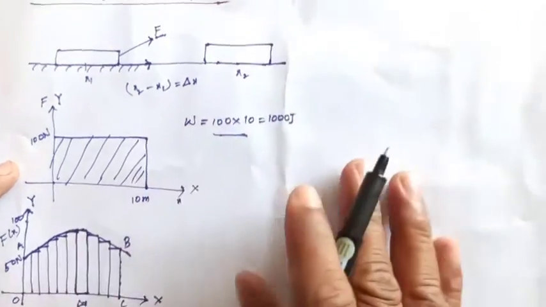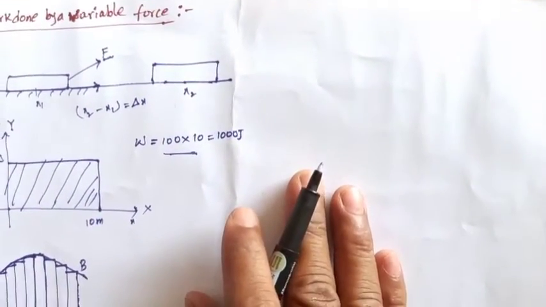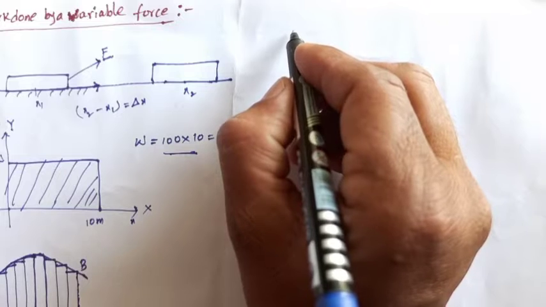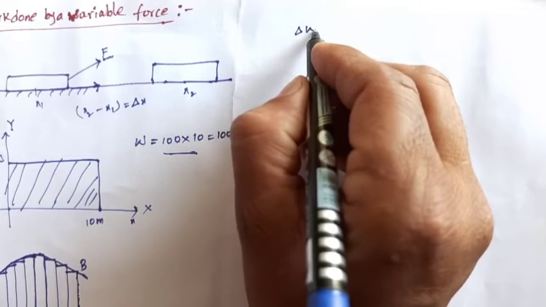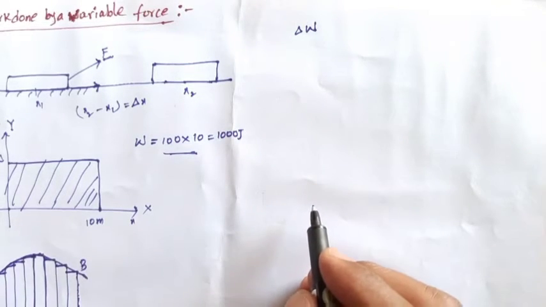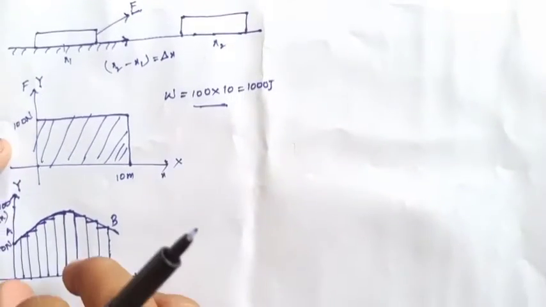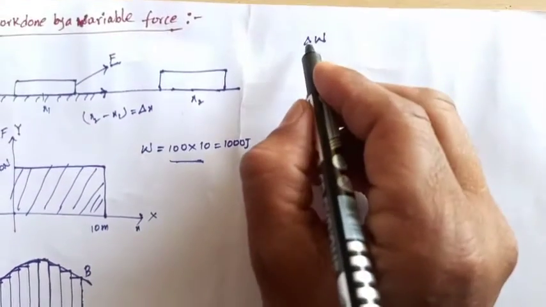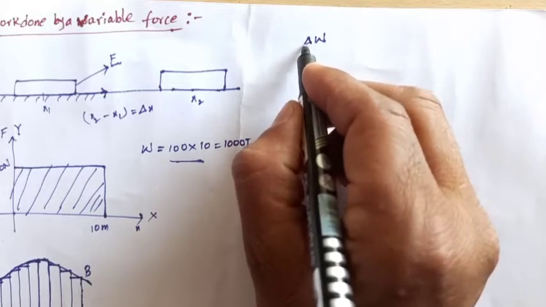Then the small work done is delta W for this small strip on the body.